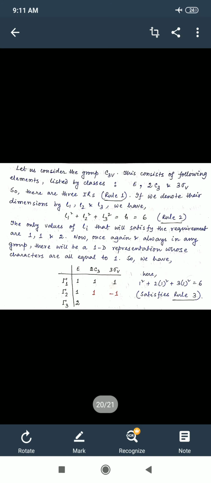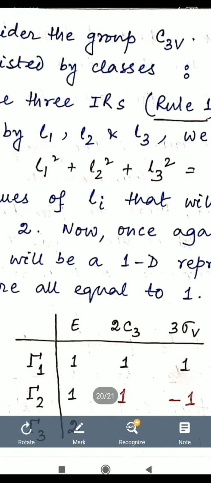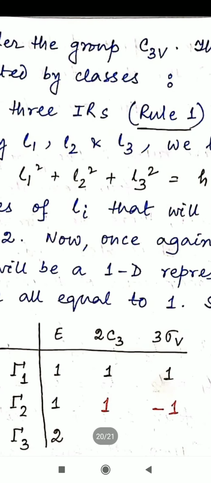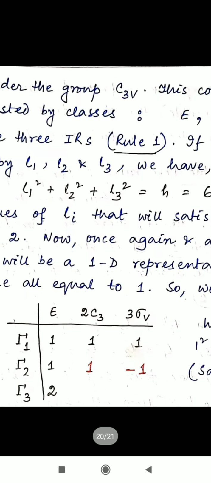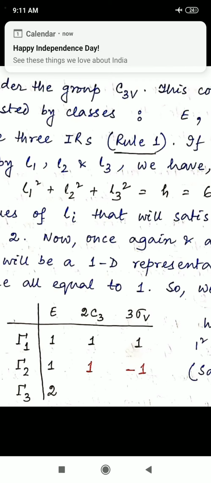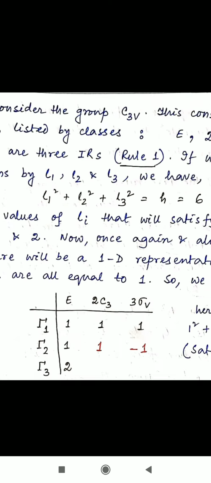When you write the character table, we can check below that we had written the incomplete character table. At the top we had written E, 2C3, 3 sigma V, and on the left hand side we had written Bethe notation 1 to 3, because the number of classes is 3, but the order is 6. So there are 3 irreducible representations.